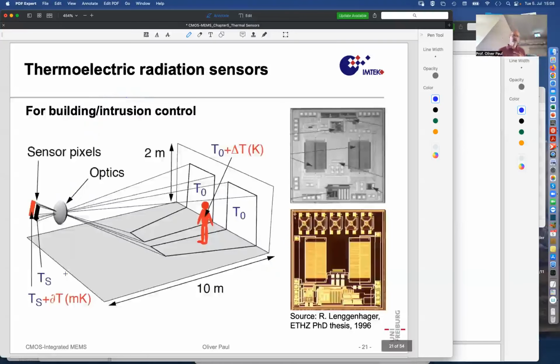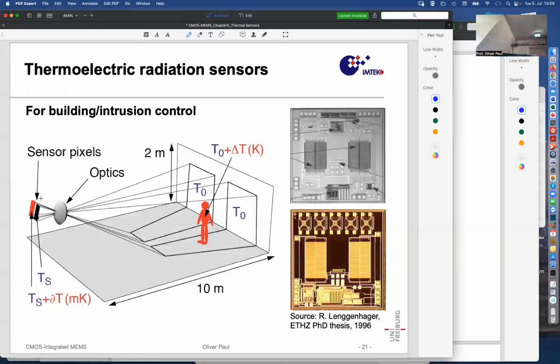And so if you look at thermoelectric radiation detectors, they look like these bi-flake pyroelectric detectors. There are usually two detector elements that are connected in a differential scheme.